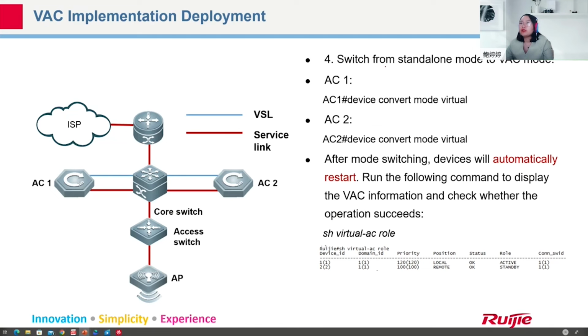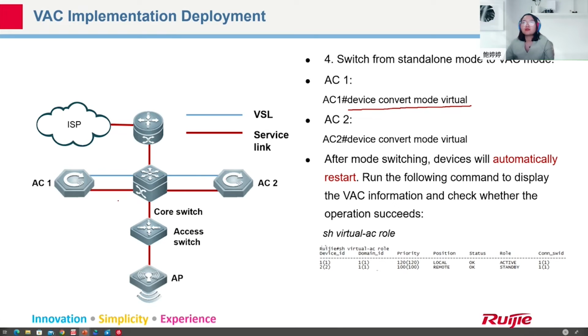And you have to switch the mode from standalone to VAC mode. The command is device convert mode virtual, and do the same configuration on AC2. And after you enter this command, the devices will automatically restart.